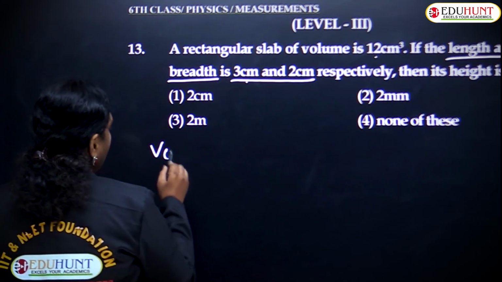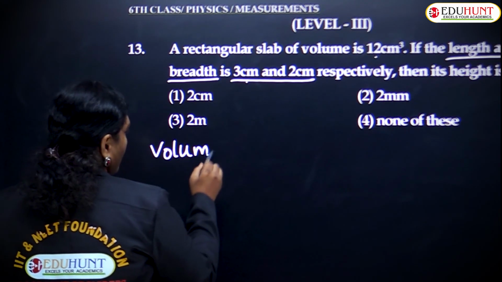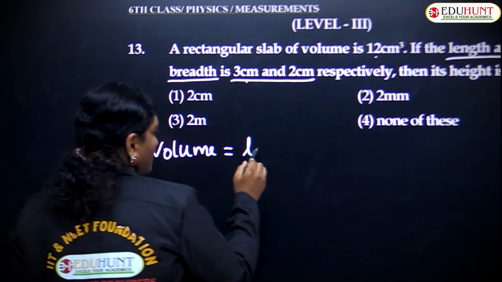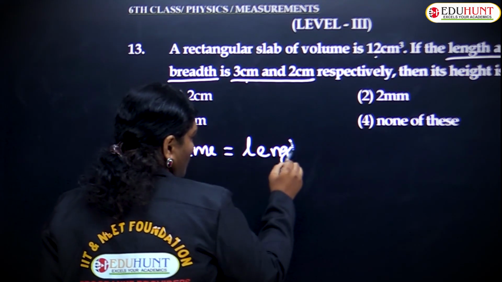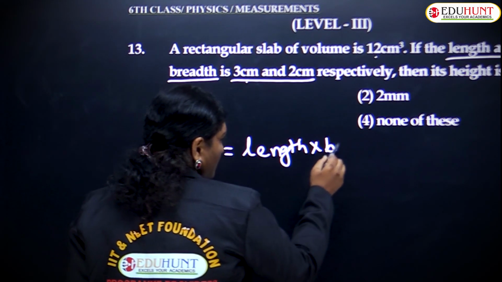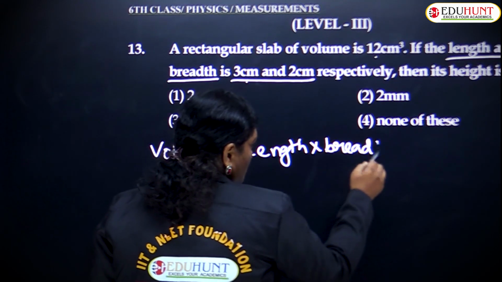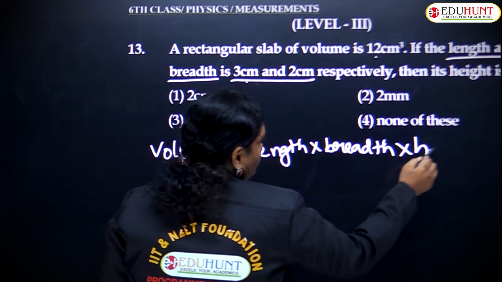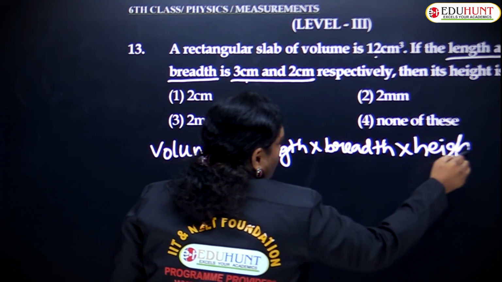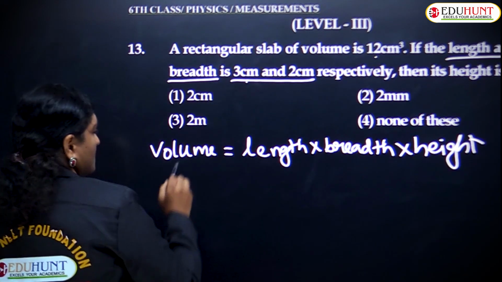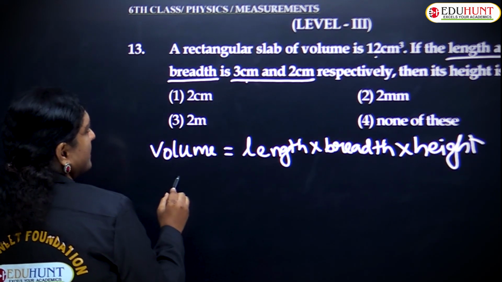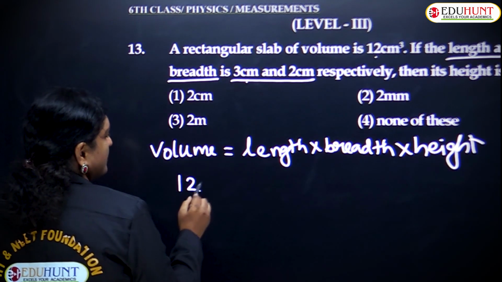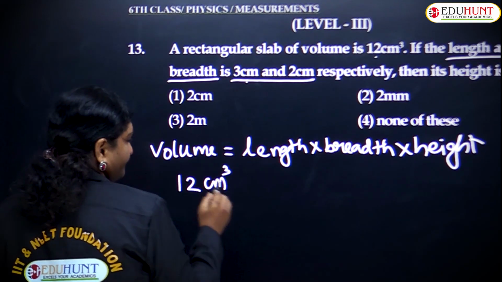Again the same formula, volume equals length into breadth into height. So how much did they give the volume as? 12 centimeter cube.